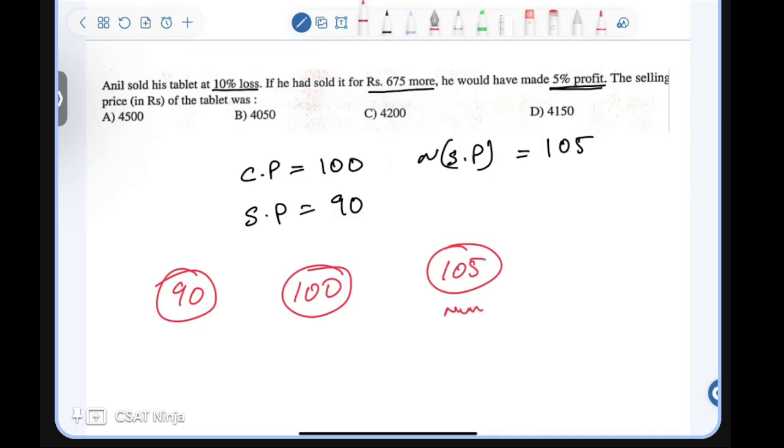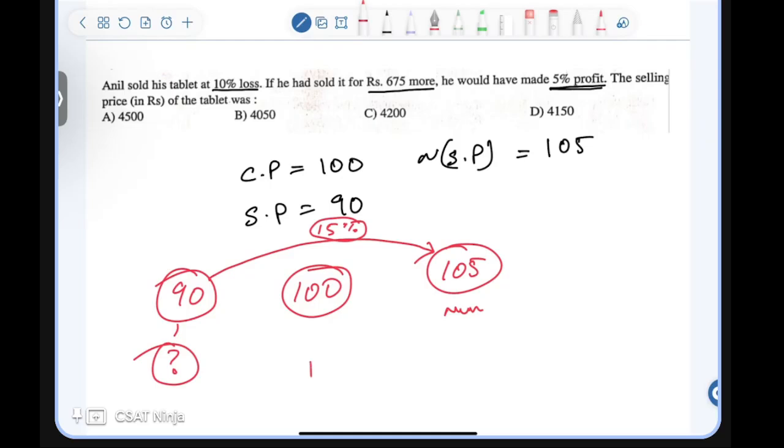So you are asked to find the actual selling price here. What I'll do is, what's the difference between these two? 90 plus how much percent gives you 105? Or what is the percentage difference between these two? Can I say it is 15%? 90 plus 15% will give me 105.